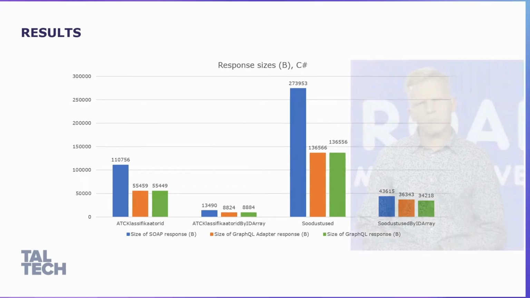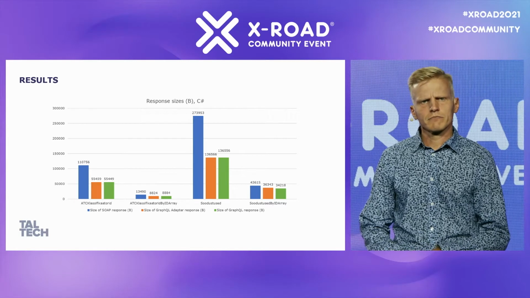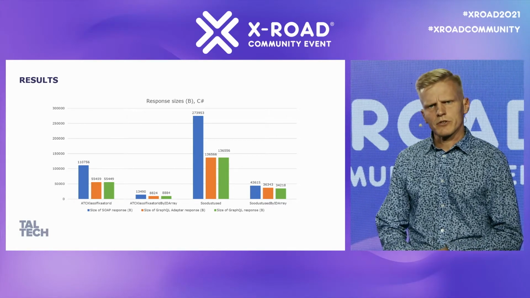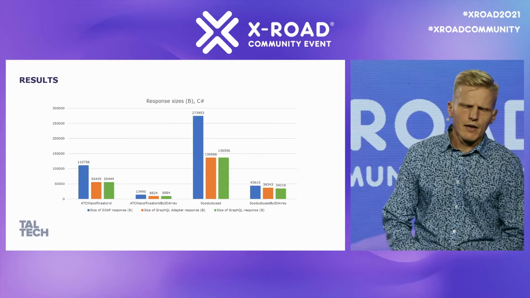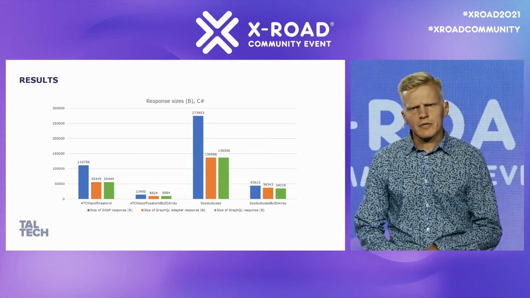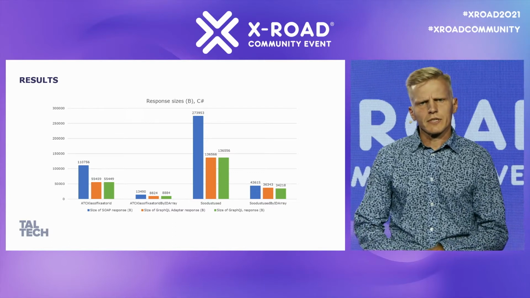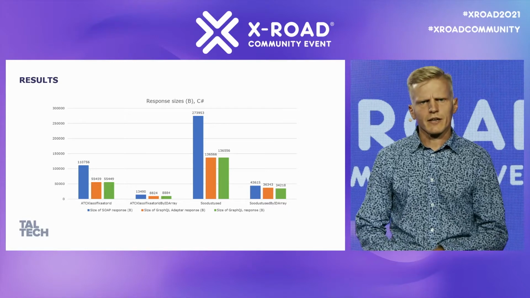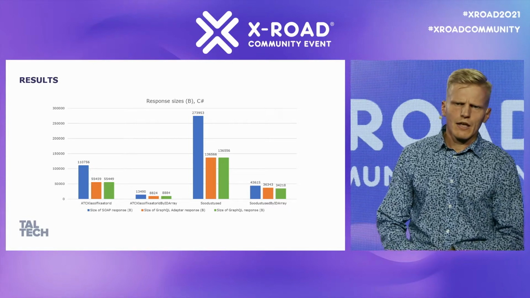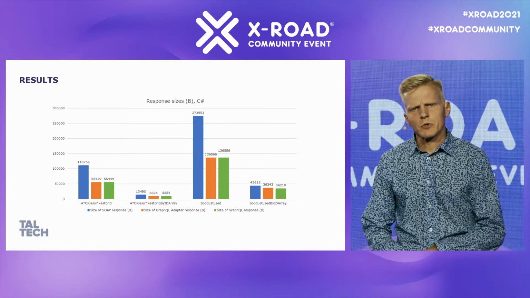It's mainly because JSON is more compact than XML. Probably a REST response is equal or similar in size to GraphQL. But we didn't measure the REST responses.